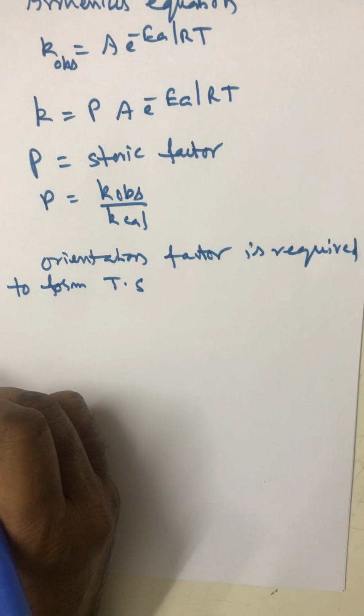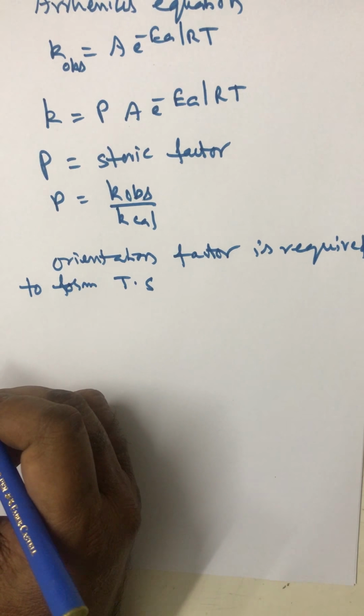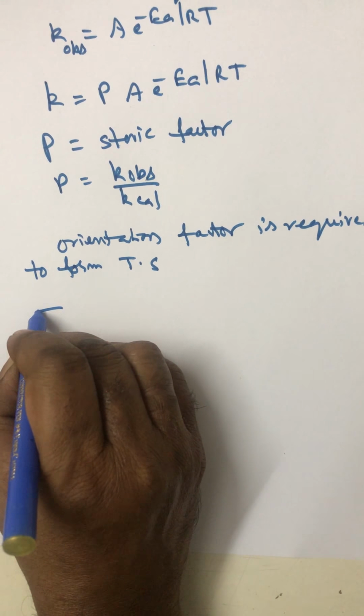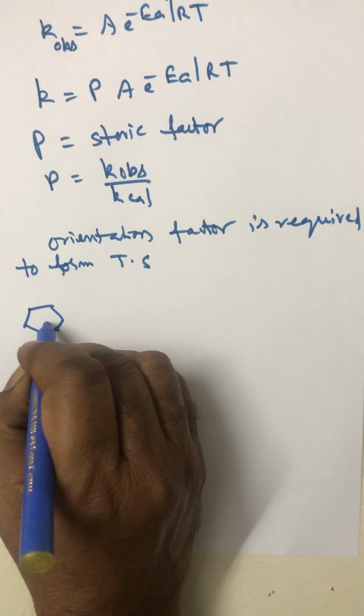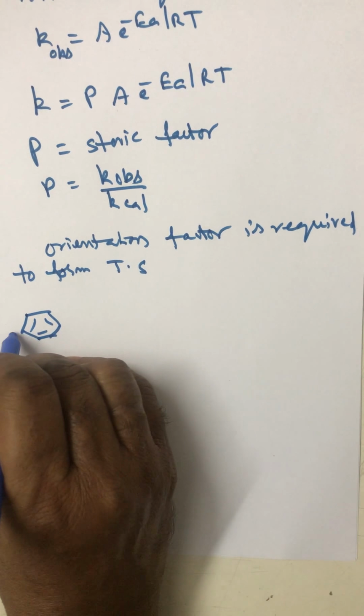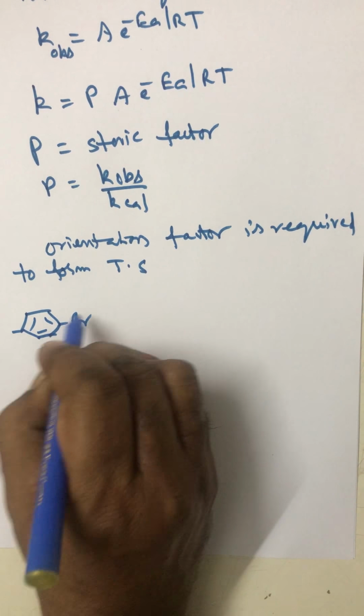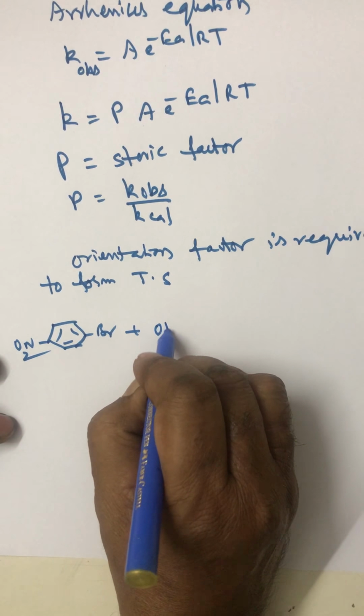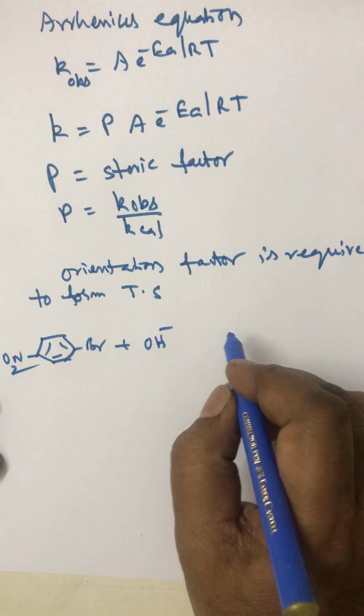Orientation effect will cause a low value of P to be observed. For example, this is BrNO2 and OH minus.